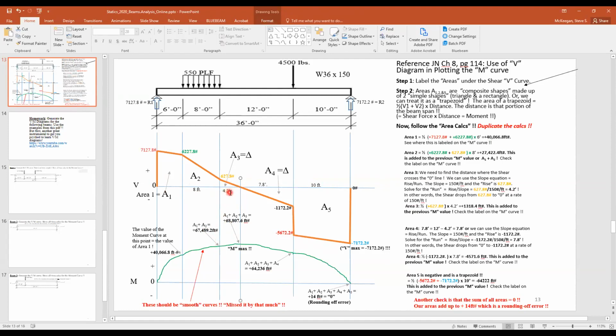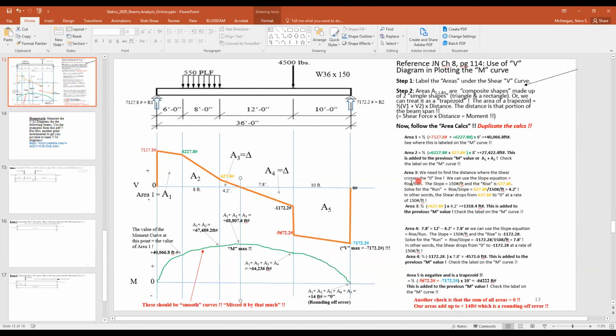So the question is, how do we get this 4.2 feet? If you look at area 3 over here, you need to find the distance where the shear crosses the zero line. And this is where the meaning of life is A equals B over C, or as we always say, drinking enough water. A equals B over C, slope is equal to rise over run.